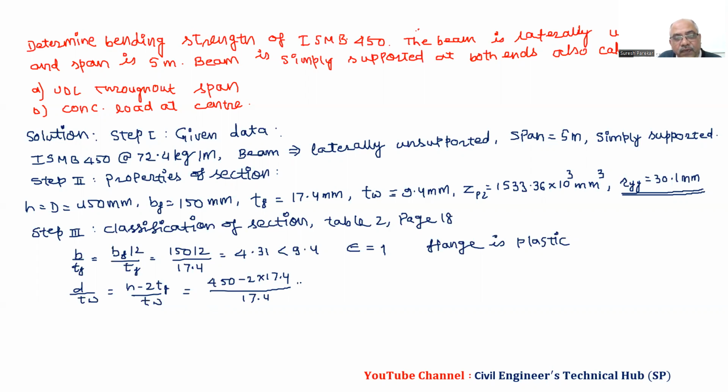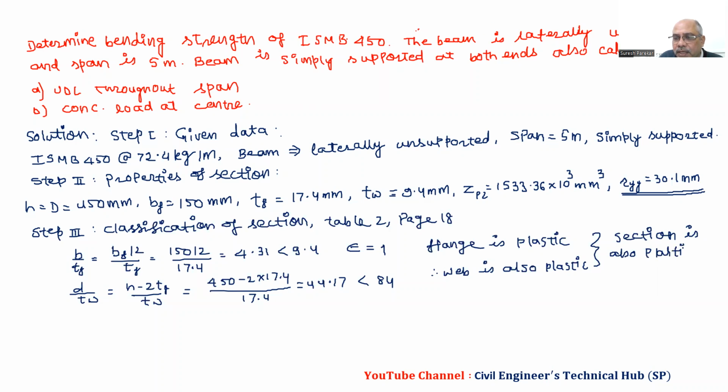That comes to 44.17, which is less than 84, and therefore the web is also plastic, and therefore the section is plastic, and therefore beta B is 1.